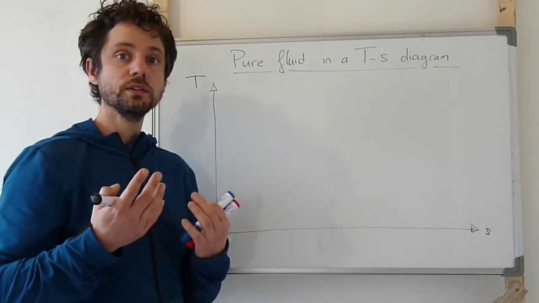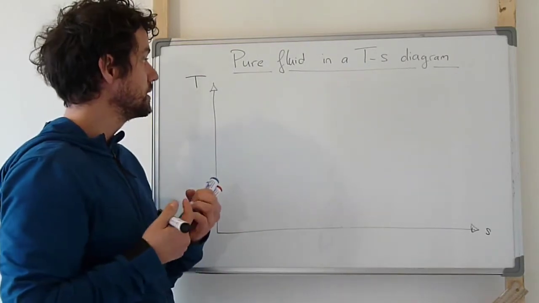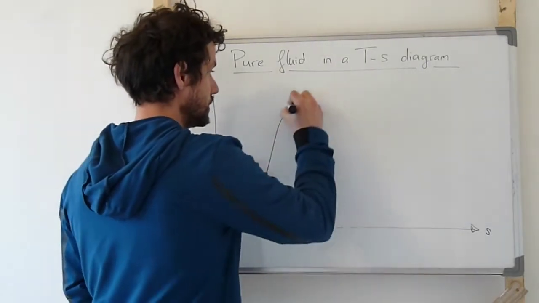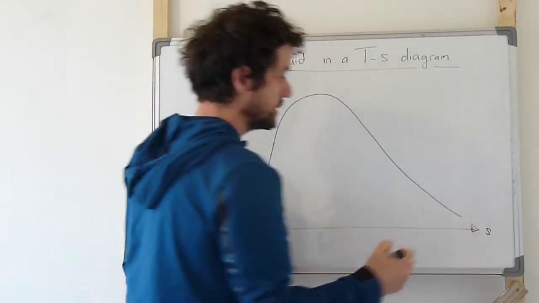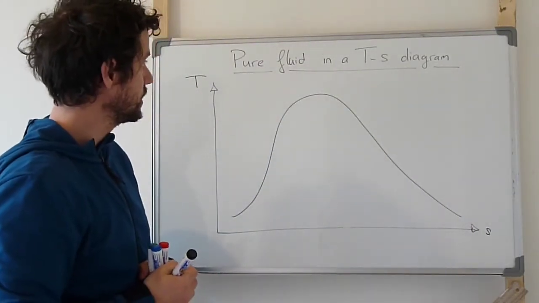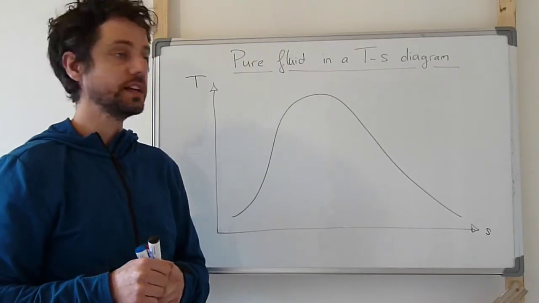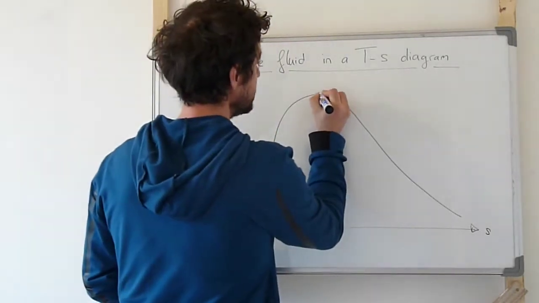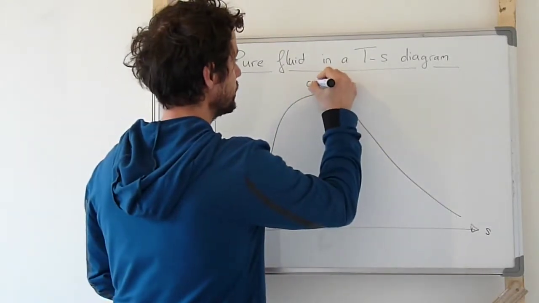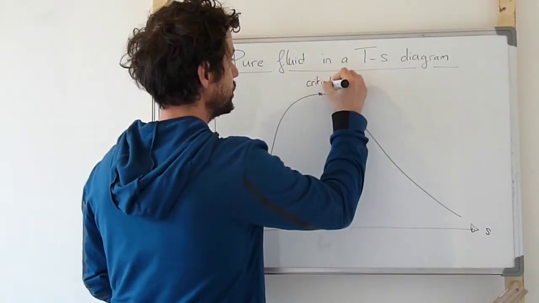So first thing you can see in a TS diagram is the saturation curve. Schematically the shape of the saturation line looks like this. There's one specific point on this curve over there, that's the critical point.